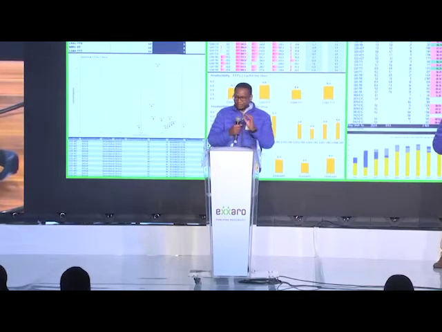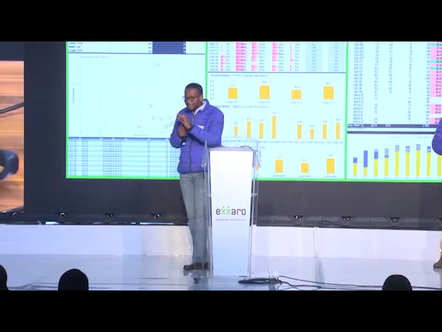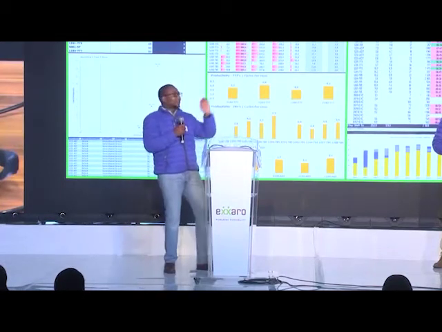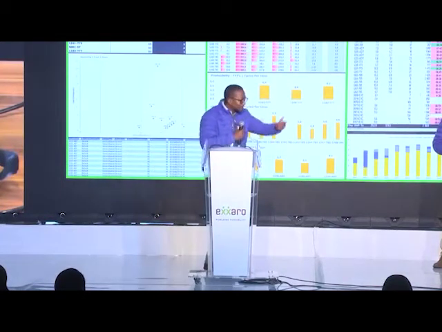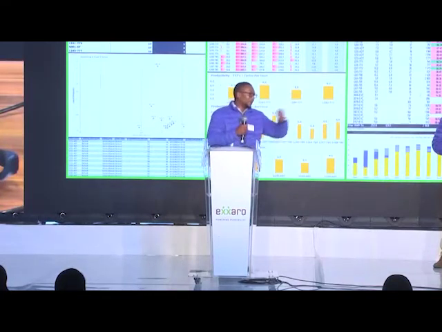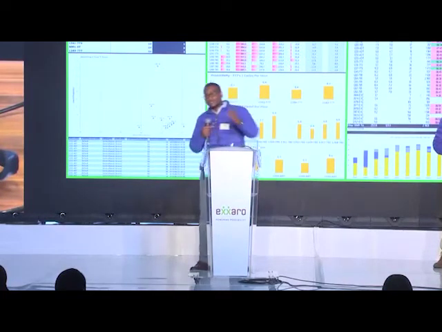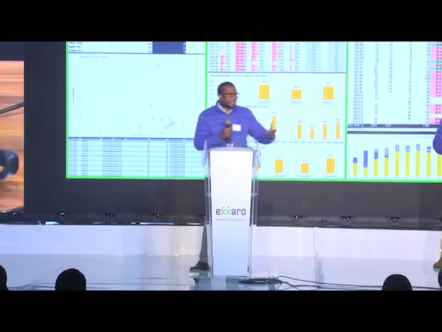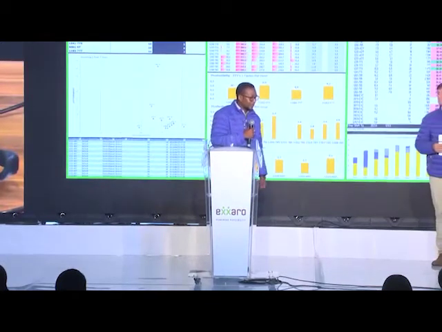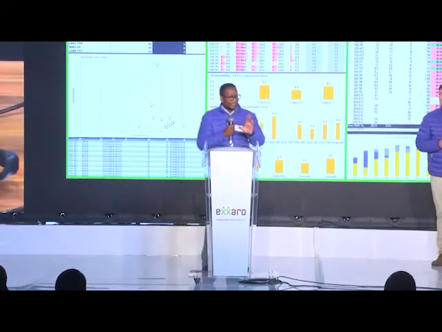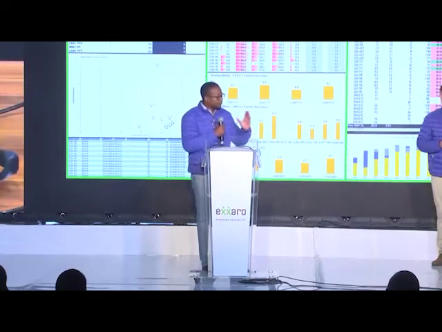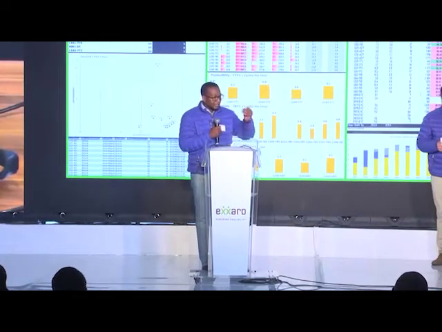But the disadvantage is that you have to wait for the next day, pull out that memory stick, go and download, and get someone to manipulate the information so that you can get what you want out of it. But all that is now in the past with AVA. You're able to have all that information right there and then.